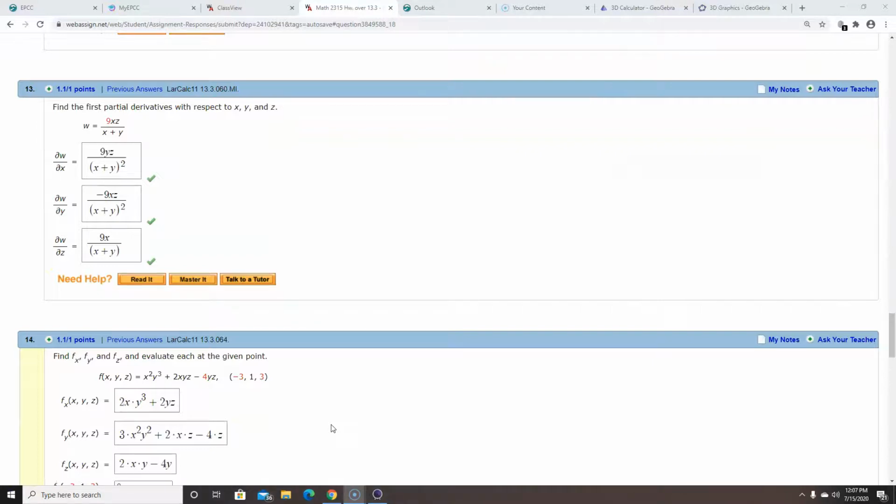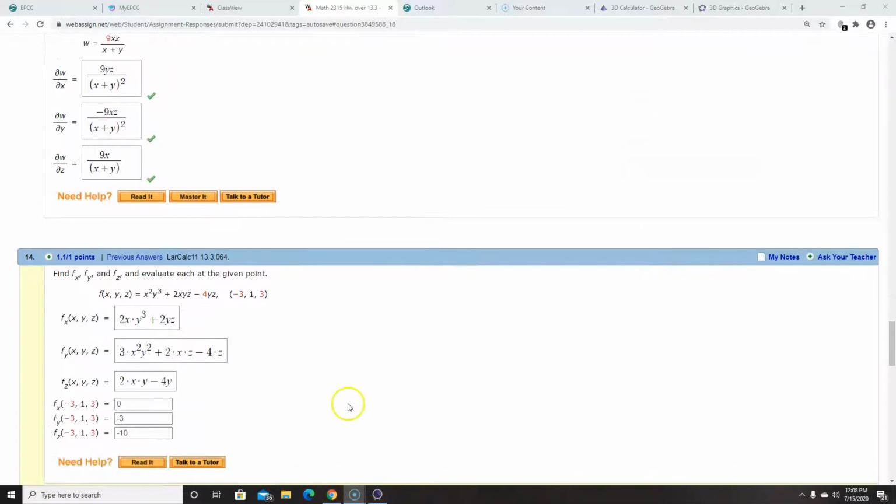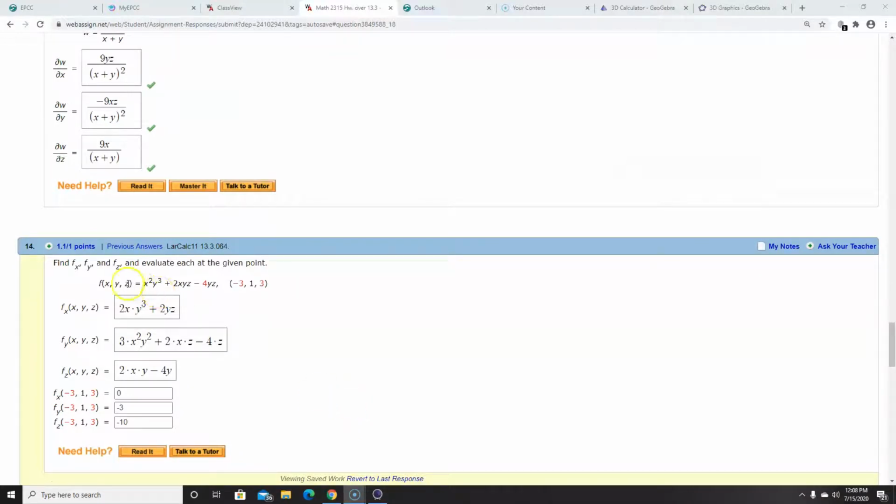So next class, I'd like to help you with number 13. Strike that. Let's do 14 first, and then we'll do 13. So 14. Now we have a function f again, but it's not a function of 2 variables, x and y.